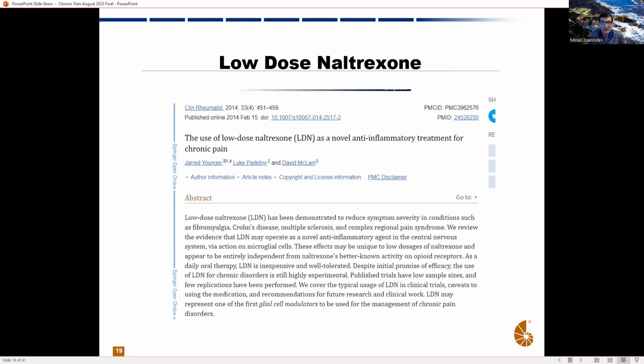And what you may see in some applicants is doctors are using low-dose naltrexone in off-label type uses. And this is a report of using low-dose naltrexone as a novel anti-inflammatory treatment for chronic pain.